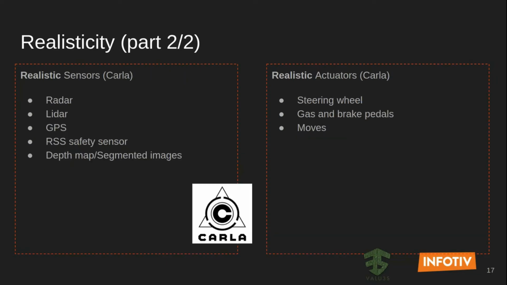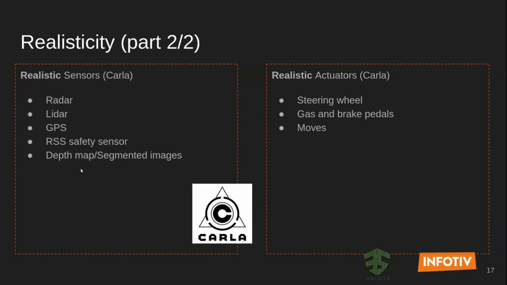But there are also realistic sensors like radar, LiDAR, GPS, and realistic cameras, basically different kinds of cameras, like depth map or segmented images where you can specify what each part of the image is. You know, is it a vehicle? Is it a building?